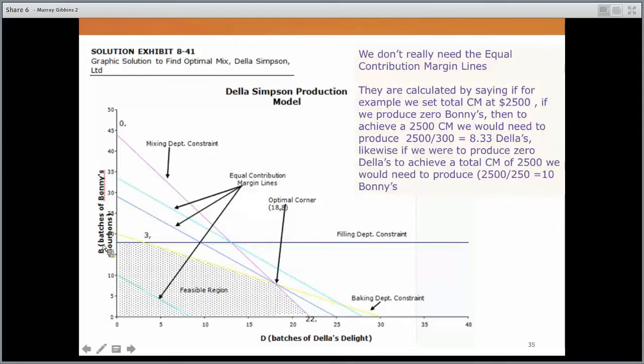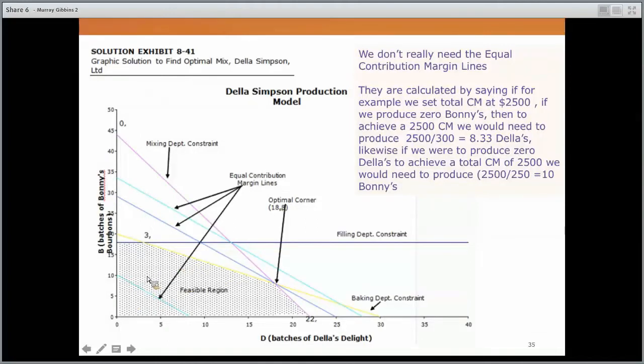So what we need to do then is draw each of the constraints. So the technique is, it doesn't matter which biscuit goes where. Let's imagine we decided to put Bonnie's biscuit on the y-axis and Della's here. And all of our options: we either produce none of Della and all of Bonnie, or all of Della and none of Bonnie.